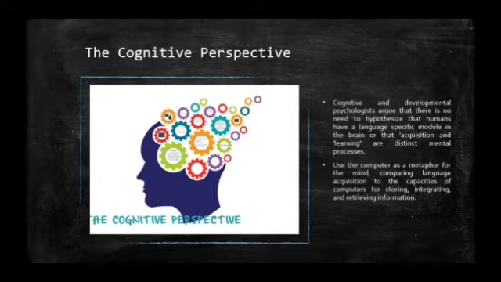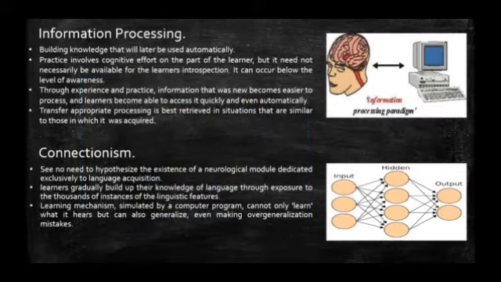They use the computer as a metaphor for the mind, comparing language acquisition to the capacities of a computer for storing, integrating, and retrieving information. With the cognitive perspective, we have information processing, which is the change of information in any manner detectable by an observer.